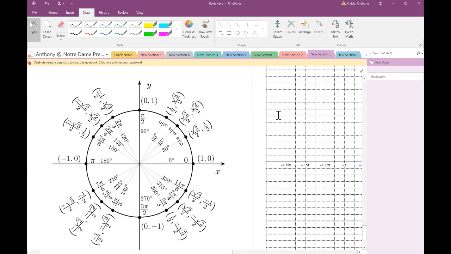So the idea here now, what we're going to do is transition towards talking about graphs of these trig functions. And what we're going to use to generate these graphs is, in fact, the unit circle. So we're going to start our discussion talking just about graphs of sine and cosine.